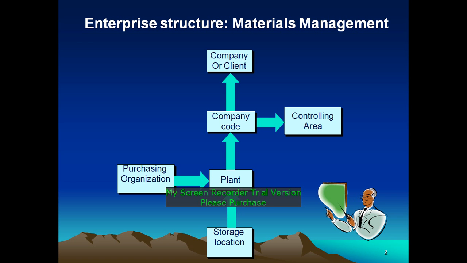In the automatic purchase order creation process, the system needs to find the purchasing organization. The system gets the plant code from the purchase requisition and from the plant code the system determines the standard purchasing organization, because the standard purchasing organization is assigned to the plant. Finally, a purchase order is created.